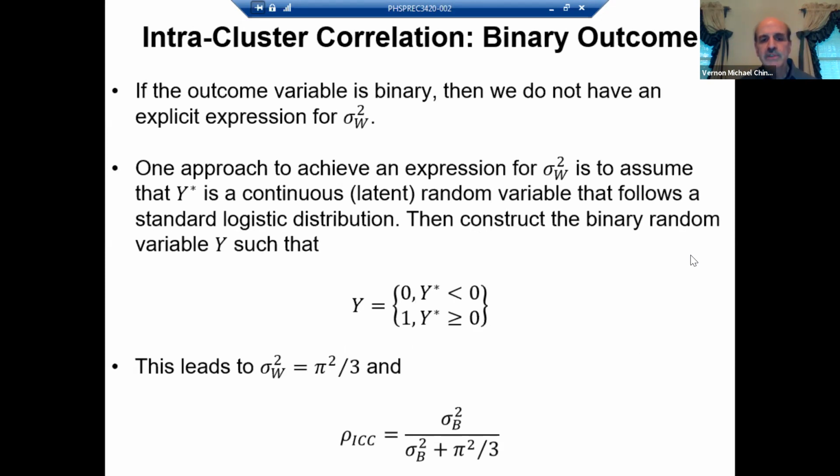So one approach that we've resorted to, and you don't have to worry so much about how we derived it, is to assume a continuous latent variable that follows a standard logistic, and construct your binary random variable from it. We can then derive mathematically an expression for the within-cluster variance, and it turns out to be pi squared over 3.